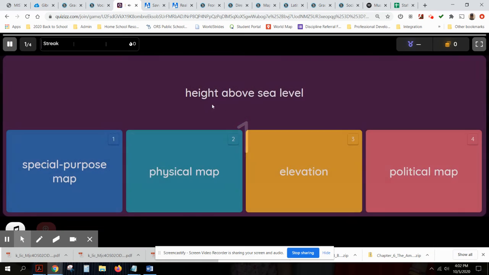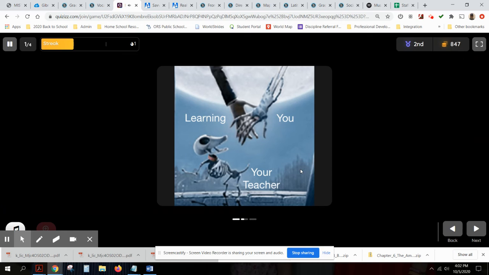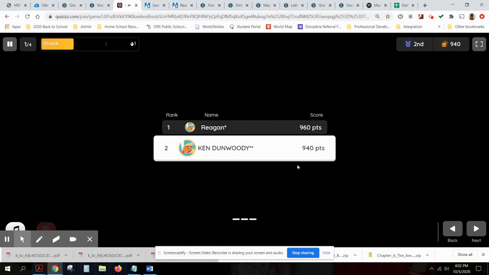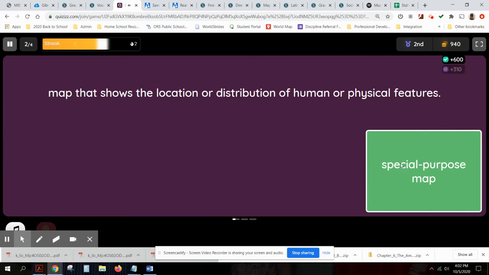Height above sea level is elevation. A map that shows the location or distribution of human or physical features is a special purpose map.